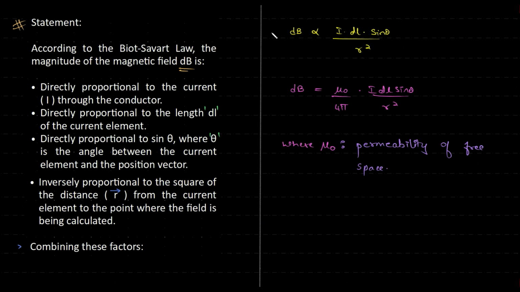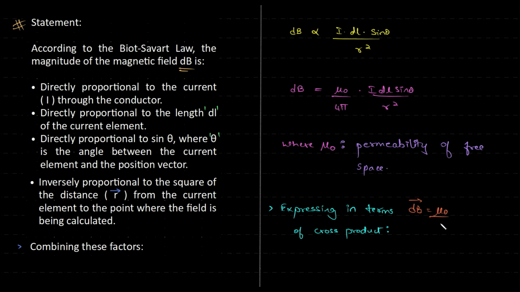Okay, so that's your first part. Now we have to express this in terms of cross product, because this will give us a magnitude, but not the direction.